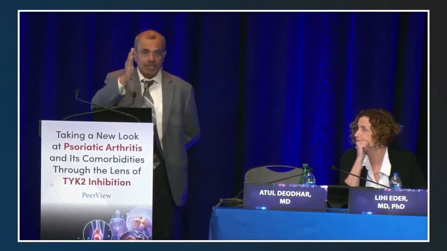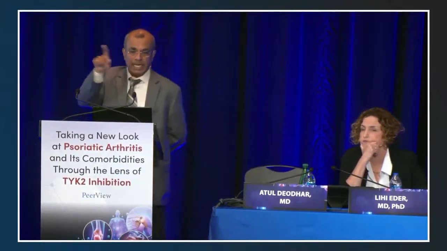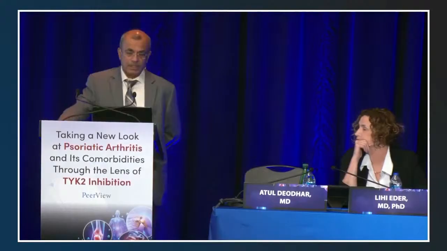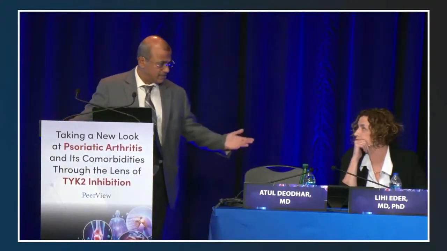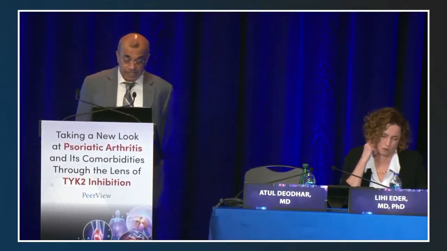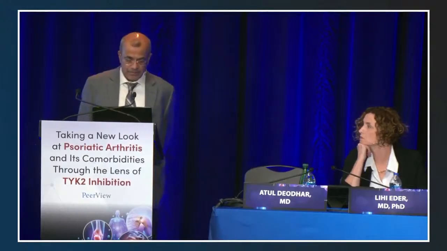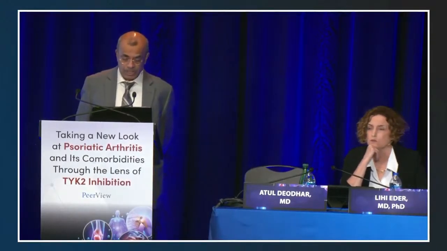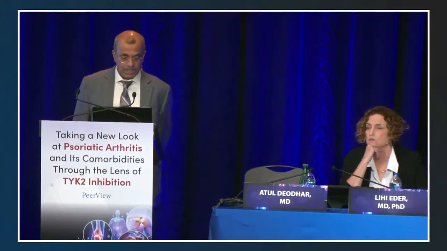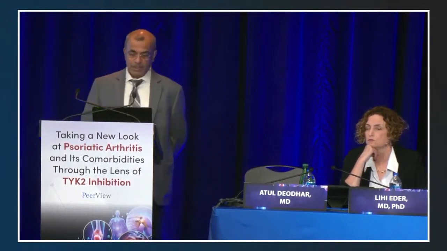Philip showed some of those in his presentation. I have a presentation tomorrow in the morning, and Lihi has an oral presentation on Deucra as well. But the answer is it's weeks, not months. The joint and skin and patient-reported outcomes, I'll be speaking on that tomorrow, but that is in weeks, not in months. So it is a pretty quick action.